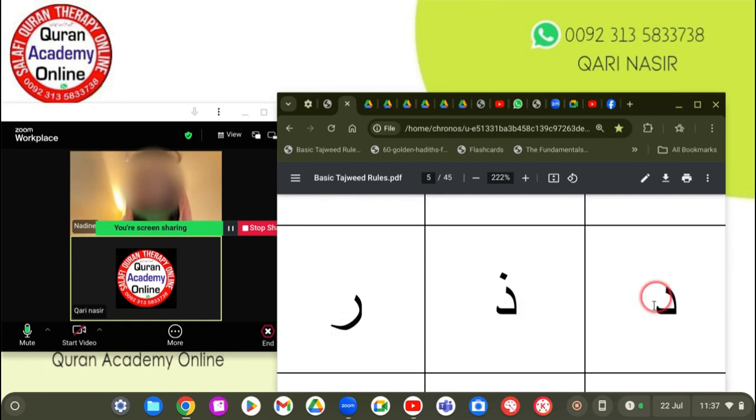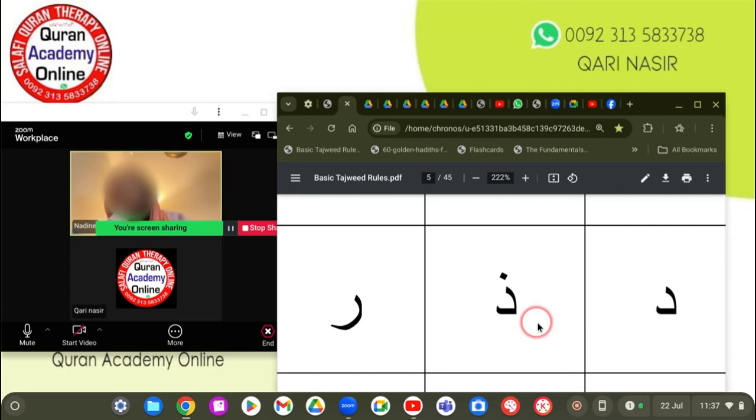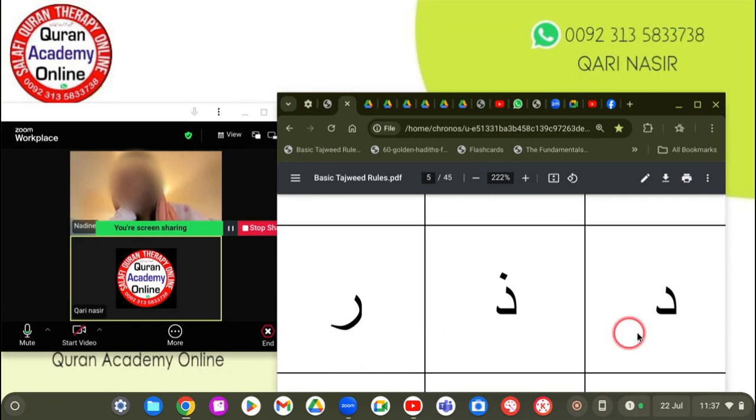For example, dal, zal, ra, and one time go in reverse: ra, zal, dal.